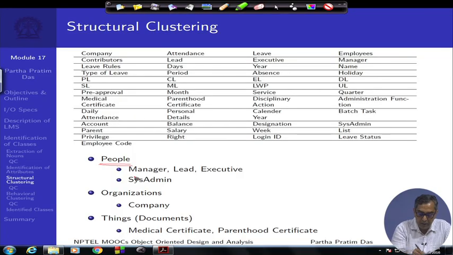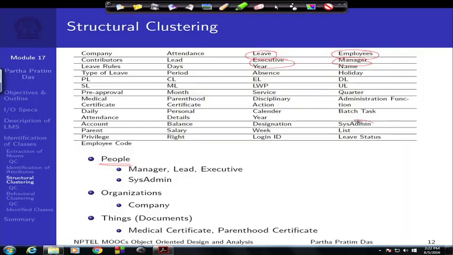So, for people, certainly we can find managers, employees, executive, lead. These are all people, because they have the ability to act, take decisions and so on.